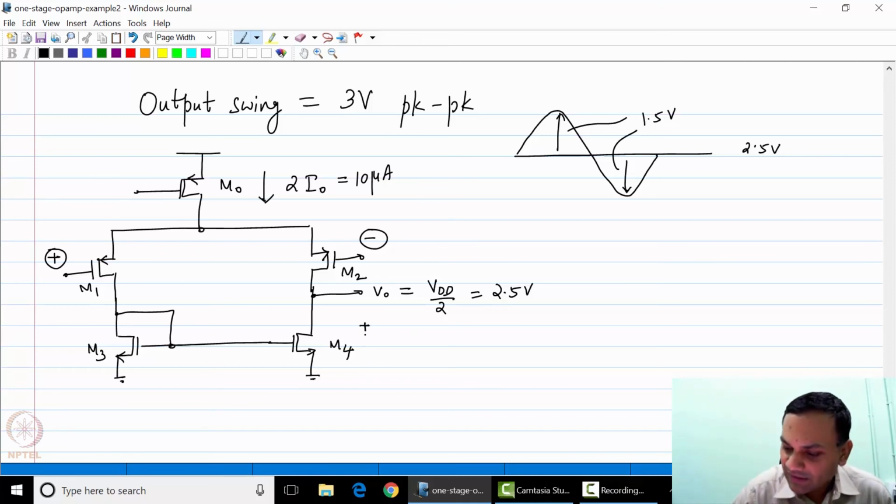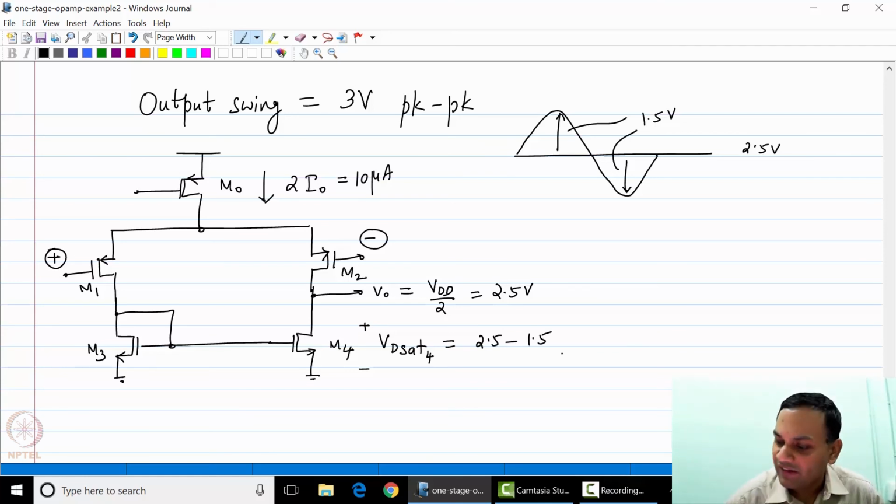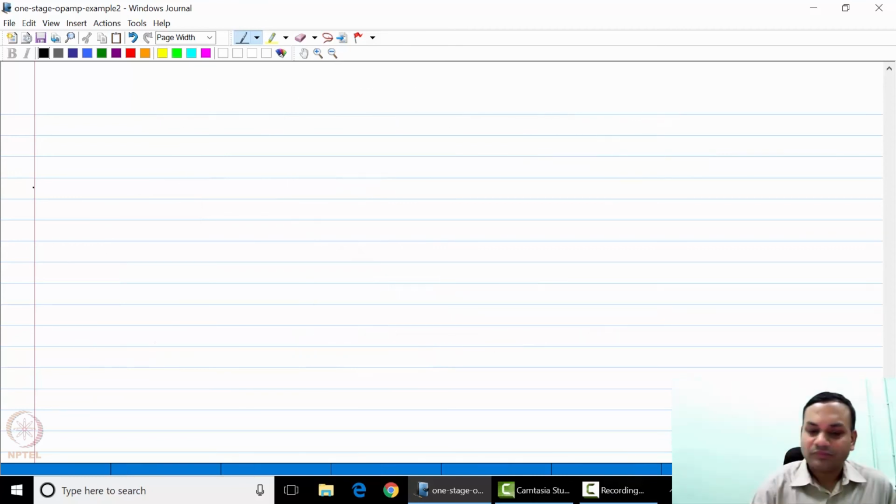This tells us that the VD sat of M4 should be equal to 2.5 minus 1.5 equals 1 volt. This now sets the size of M4. Let us now calculate that.